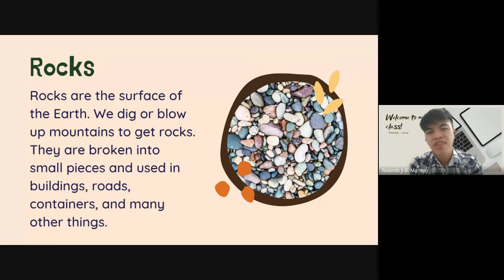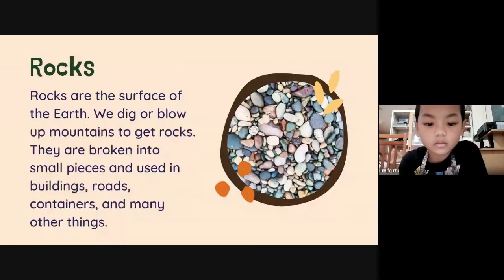This is the surface of the earth, and we can find rocks when we dig on the earth. Sometimes we also blow up mountains to get rocks. They are broken into small pieces and used in buildings, roads, containers, and many other things.